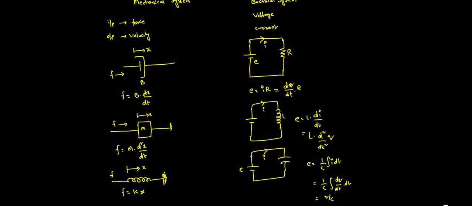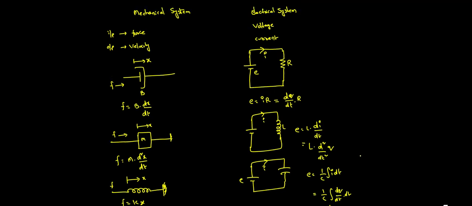Now, as I was telling you, in terms of the force-current analogy, for the same system in the force-voltage analogy the input source is voltage and the output is current. In the electrical system, it may also happen that the input is a current source and the output is the voltage across the element.